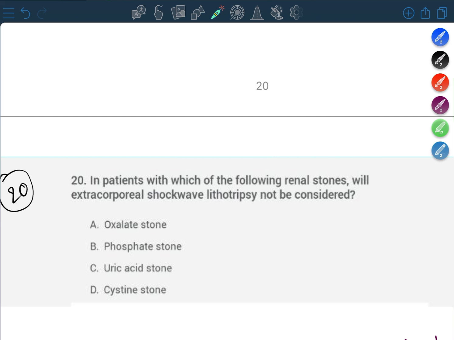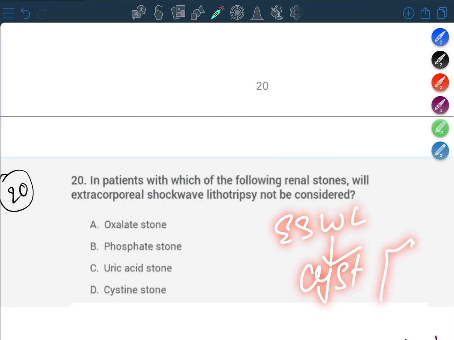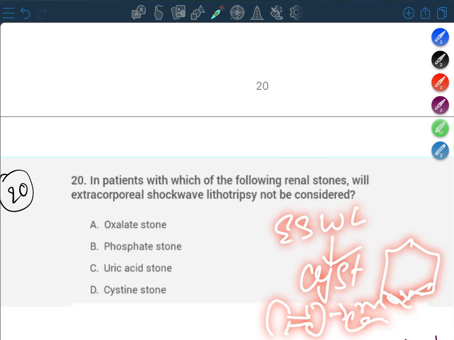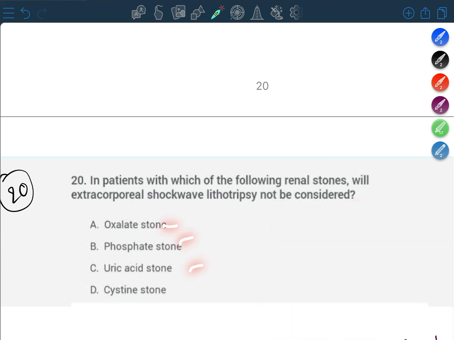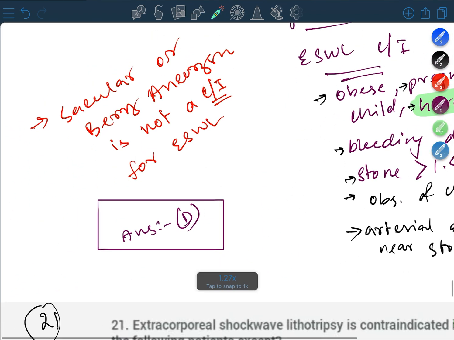Pause and answer. We can't do ESWL if it is a very hard stone. Hard stones are made of cysteine, as they have a hexagonal crystal lattice structure. Another is calcium oxalate monohydrate, the dumbbell-shaped one. No, only cysteine. So this is the correct answer. Answer is D.